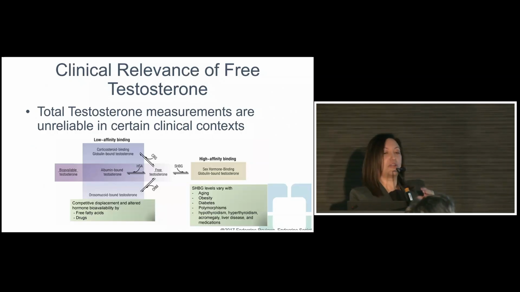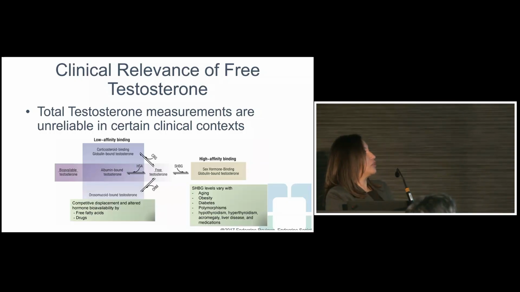Now transitioning to talk about what we are all here to talk about, which is free testosterone. Total testosterone seems to be unreliable in certain clinical contexts, particularly where the levels of sex hormone binding globulin vary, or there's displacement of testosterone by either free fatty acids or drugs.